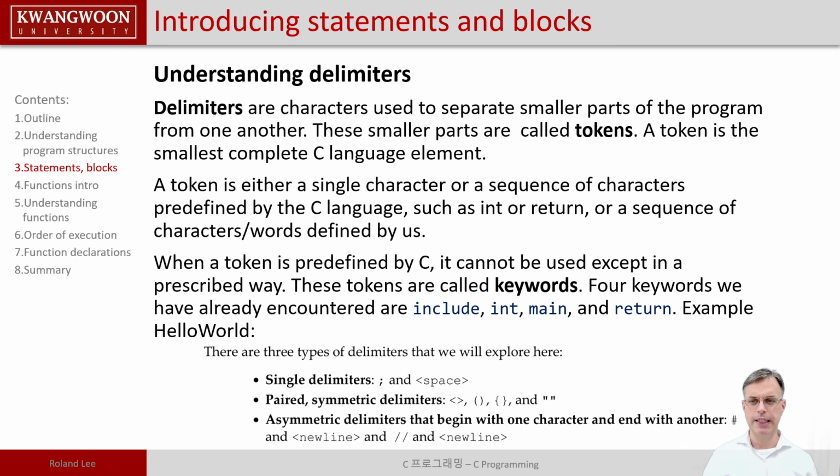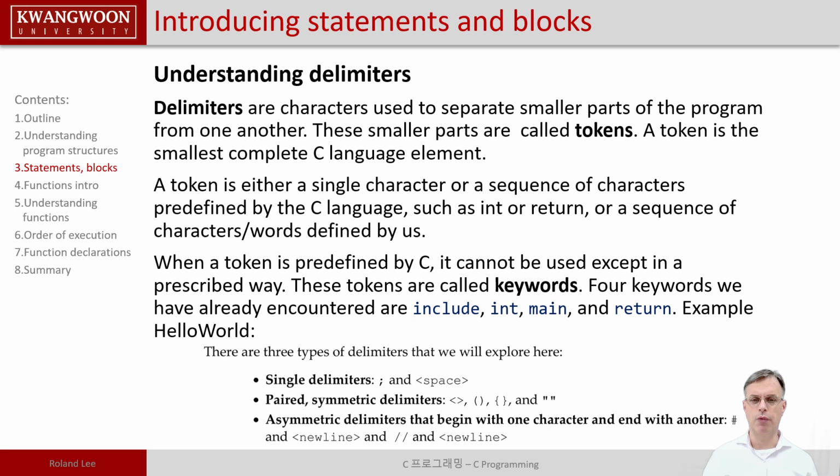A token is either a single character or a sequence of characters predefined by the C language, such as int or return, or a sequence of characters, words defined by us, so defined by you, which we will also learn about later. When a token is predefined by C, it cannot be used except in a prescribed way.